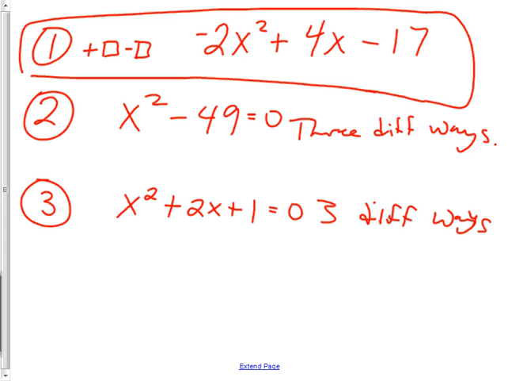I want you to solve this one 3 different ways. The ways that you could choose from are graphing, square rooting, let's see, factoring, and quadratic formula.